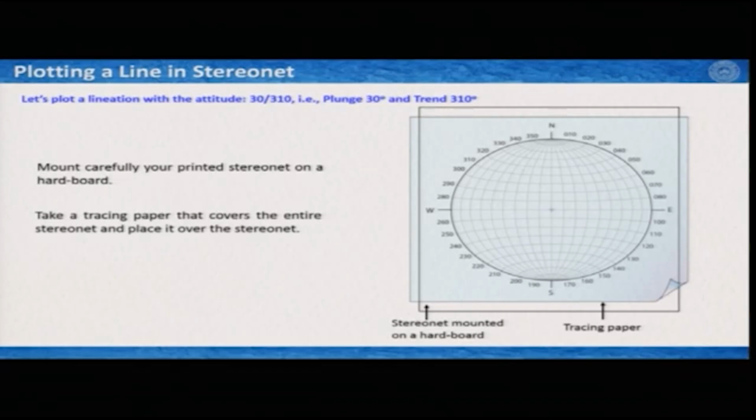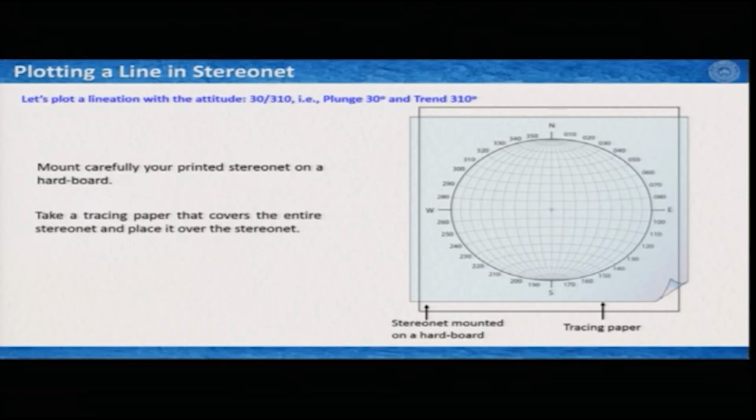To plot this data on the stereo net, you need a stereo net. You can download it from the internet, but be sure that you are downloading an equal area stereo net, and if you can't find one, you can write to me or ask any of the teaching assistants, they can help you. Once you have downloaded this stereo net, you print it keeping the aspect ratio constant and mount it carefully on a hardboard.